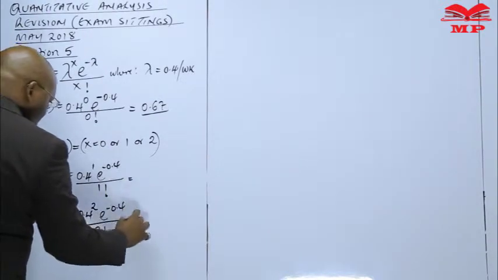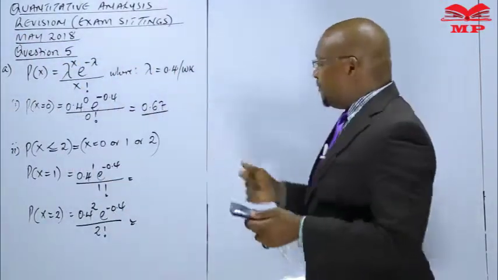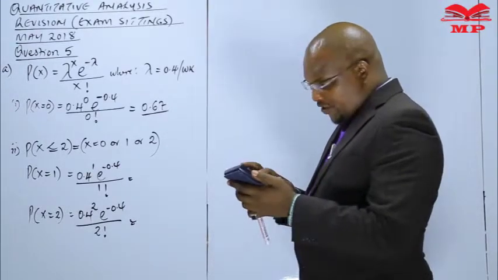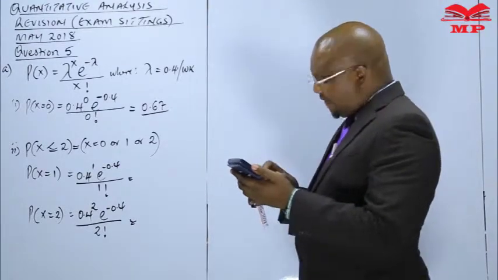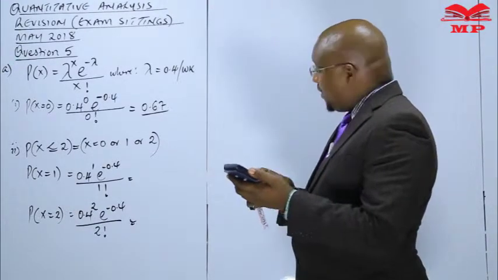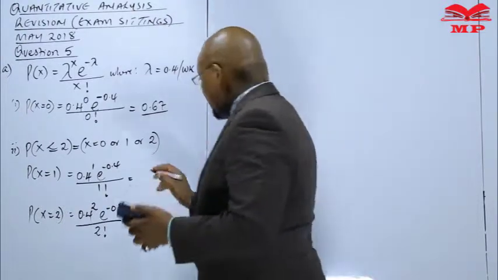So we look at the solution here. 0.4 power 1 is still 0.4. So in our case, we have 0.4 multiplied by shift E, then minus 0.4. We divide by 1, which is the same answer. So this is 0.268.